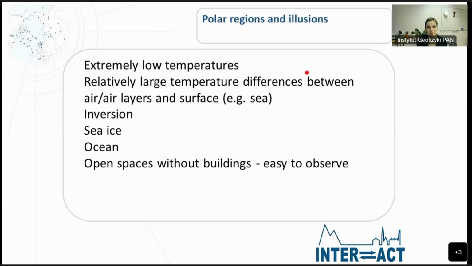So it also allows us to observe some particular phenomena. And again, the sea surface, and this game of light between sea ice and the ocean itself offers us such opportunities. And last but not least, it's still a very open space.